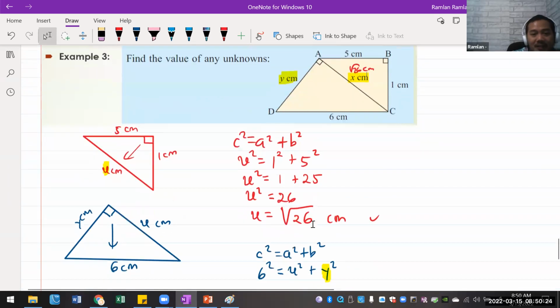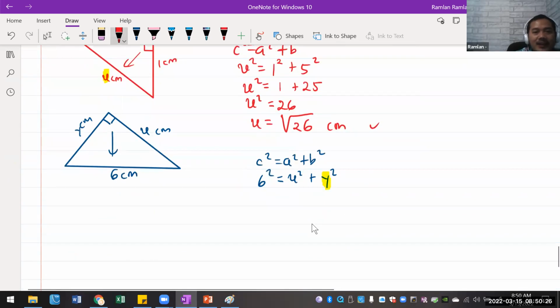So I can rewrite that as square root of 26 centimeter. That's one of the reasons I'm not changing this into decimal. Okay, so thank you, Azam. So there will be 6 squared equals square root of 26 squared, plus y squared.